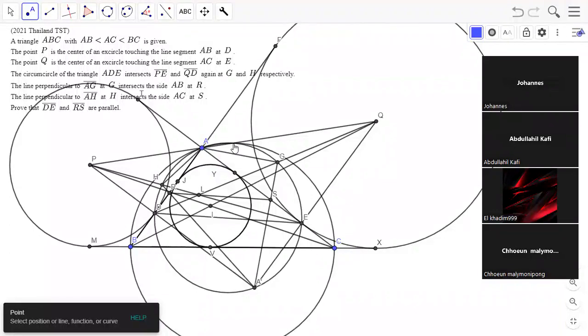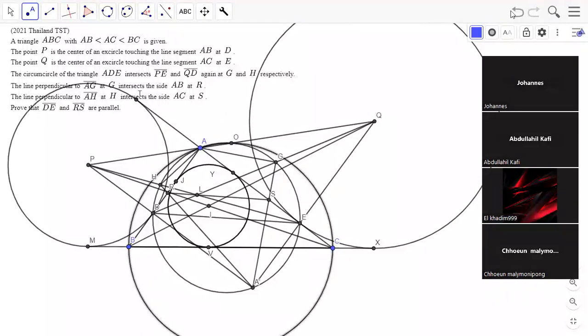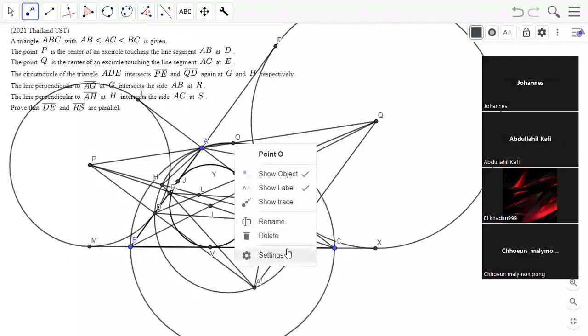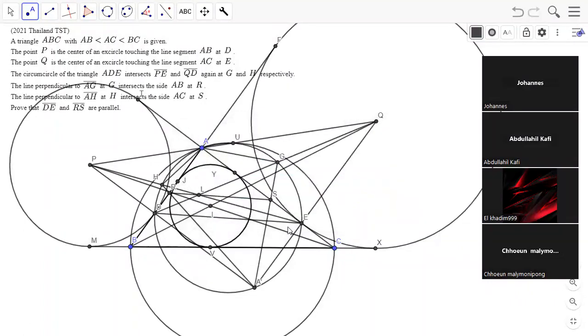So let's give it a different name, call it U. We know that AUA prime is 90. Okay. So let's think about that.